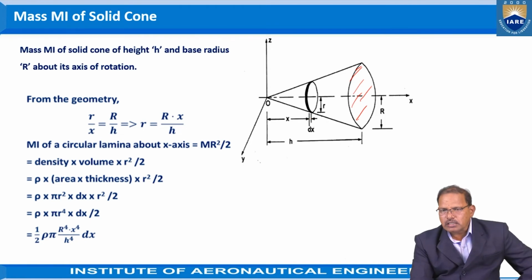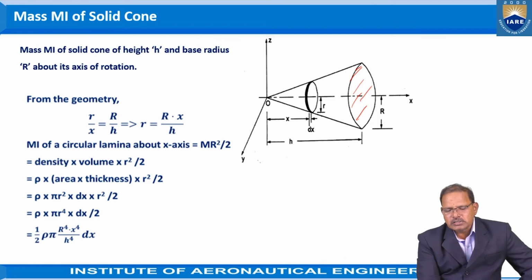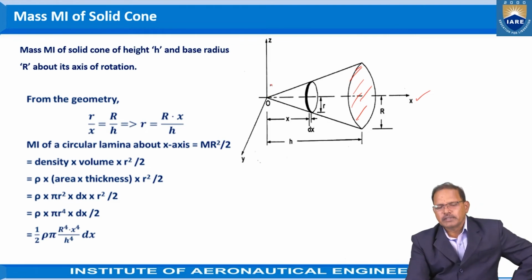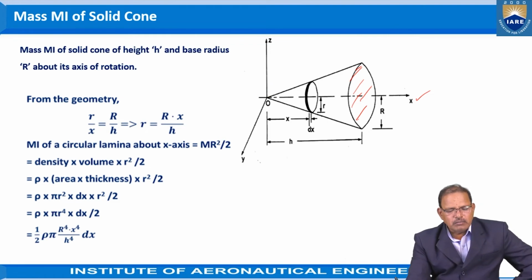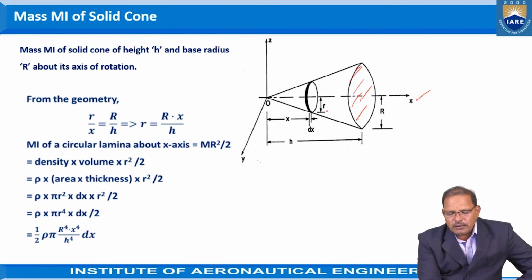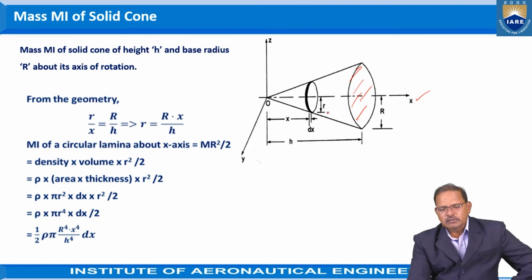Since the axis is symmetrical about the x-axis, the axis of rotation is the x-axis. Let r represent the radius of the circular strip which is at a distance of x having thickness dx.